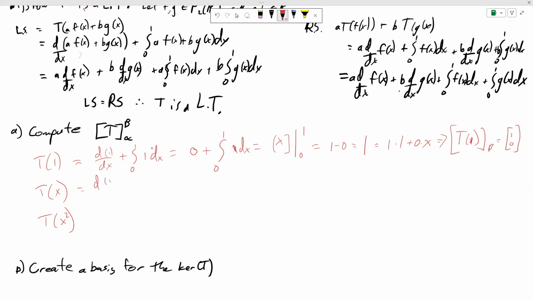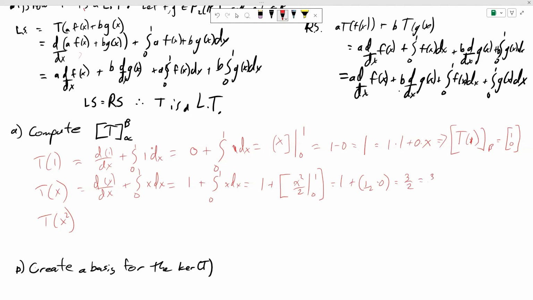Now, if I look at the derivative of x with respect to x, plus the integral from 0 to 1 of x dx, this is going to equal 1 plus the integral from 0 to 1 of x dx, which equals 1 plus x squared over 2 evaluated from 0 to 1, which equals 1 plus 1/2 minus 0, which equals 3 over 2.